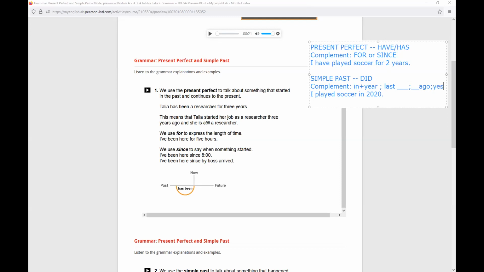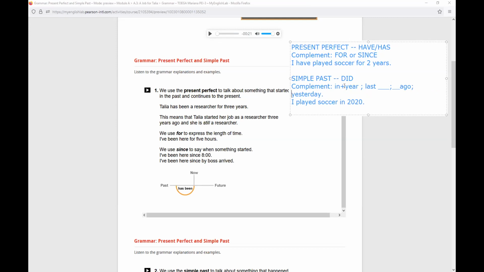Okay, and yesterday. So these words we are going to use in simple past. Okay. Siempre vas a encontrar estas expresiones para el pasado simple. Present perfect siempre for or since. Present perfect, una acción que empezó en el pasado y no sabemos cuándo culmina. Simple past, empezó en el pasado, terminó en el pasado, con exactitud en 2020.